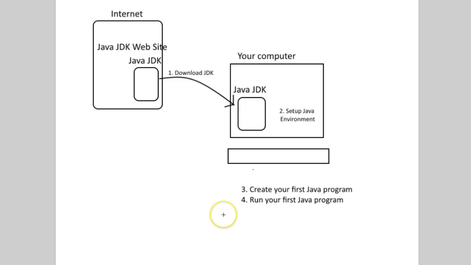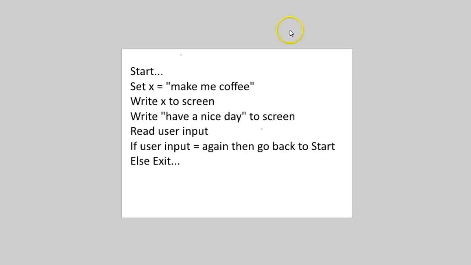Alright, so now we are ready to write programs. I'm going to write the same program as I showed you in the first session. In this program, I basically use some of the core commands of most programming languages.